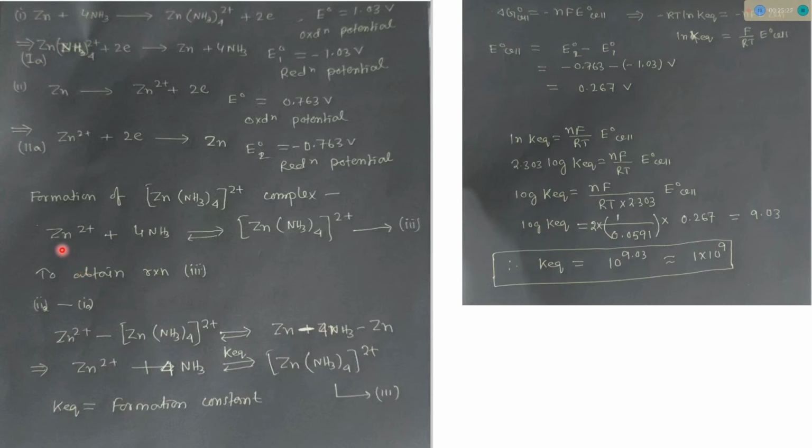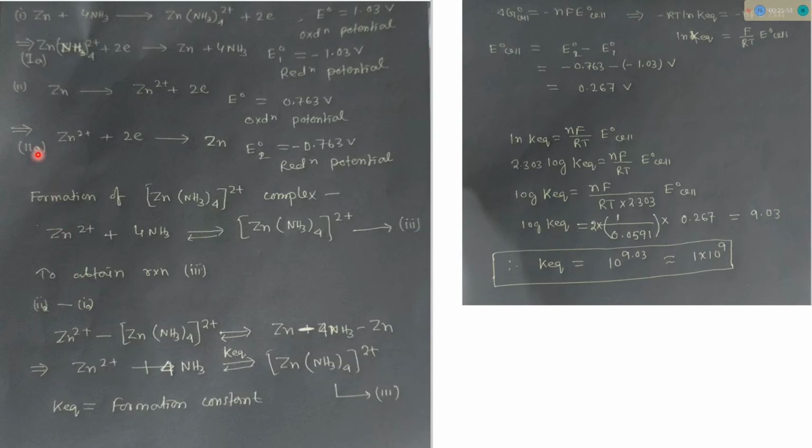So this is the formation reaction of Zn(NH3)4 2+, and the equilibrium constant, K equilibrium, is the formation constant of this complex. So to obtain this reaction, what do we have to do? We have to do subtraction or addition.